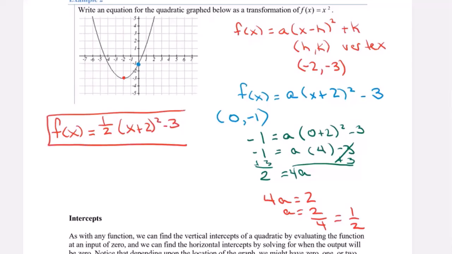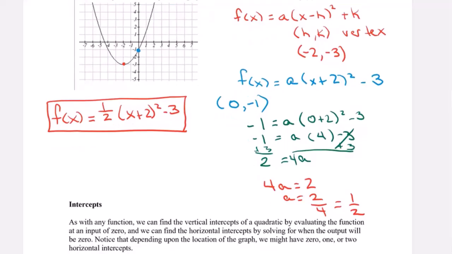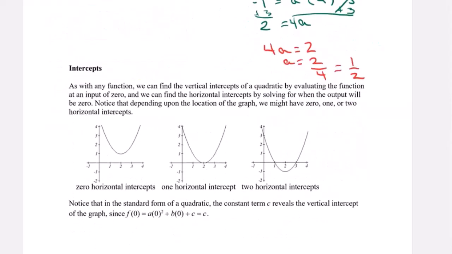And that's basically how we find an equation for a graph that's quadratic. Okay? Not too bad, right? Okay, so intercepts.